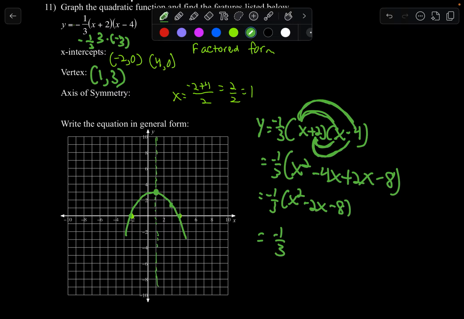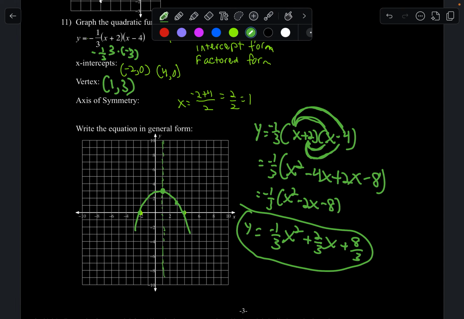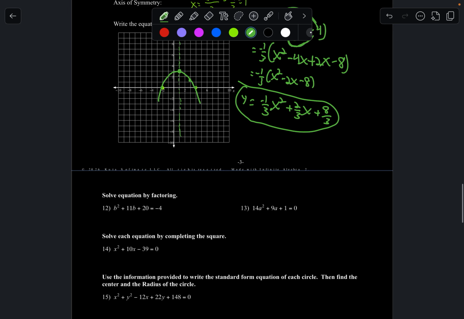So this comes out to be negative 1/3 x squared plus 2/3 x plus 8/3. Okay. So there you go. Now, it's kind of ugly. That's the standard form.